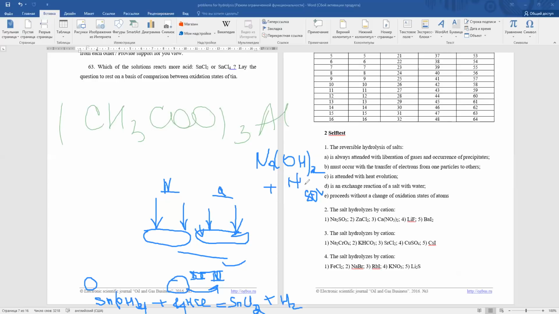This is a neutralization reaction which occurs between acid and base, giving table salt plus water. The reactants are not reacting with the water, they are reacting with acid and base. This is also a process without a change of oxidation states.